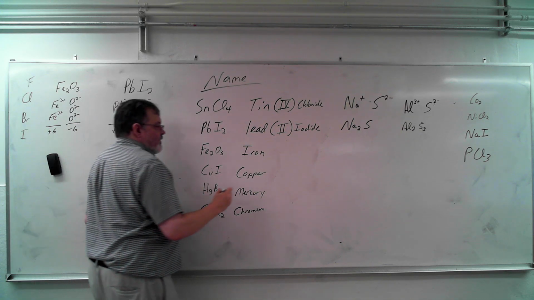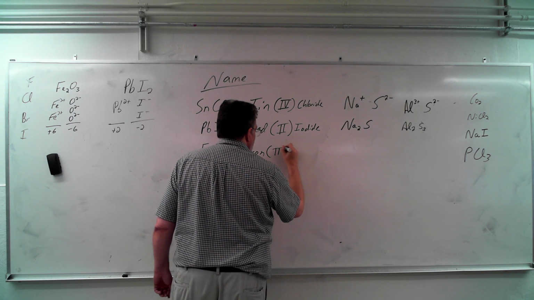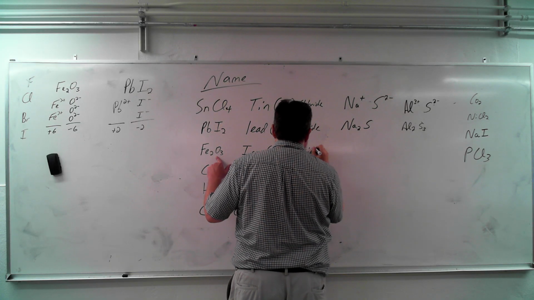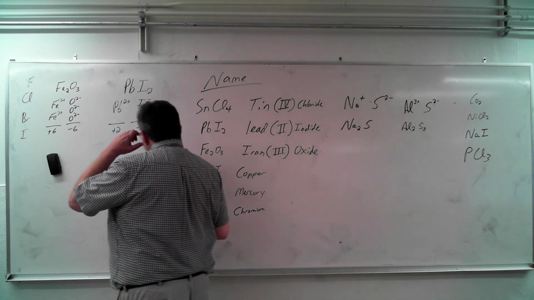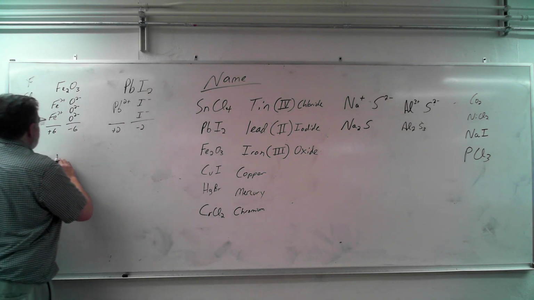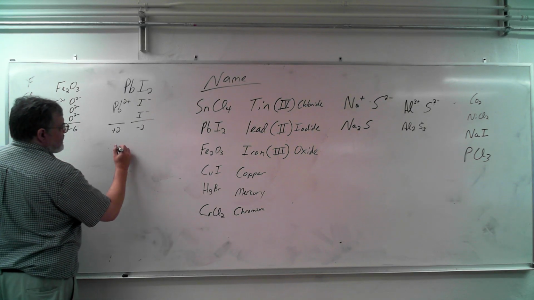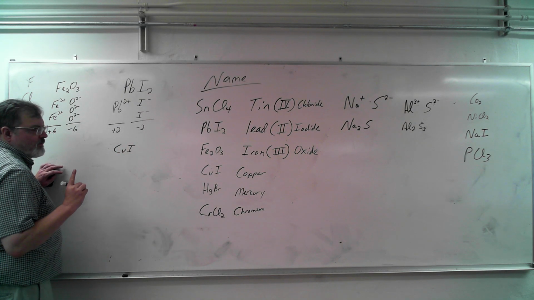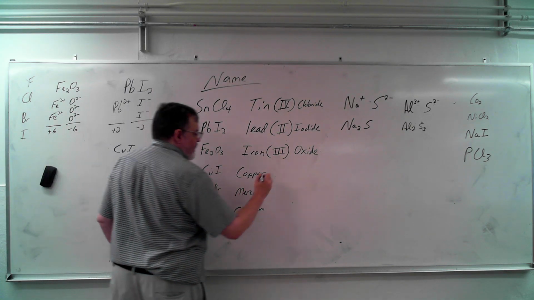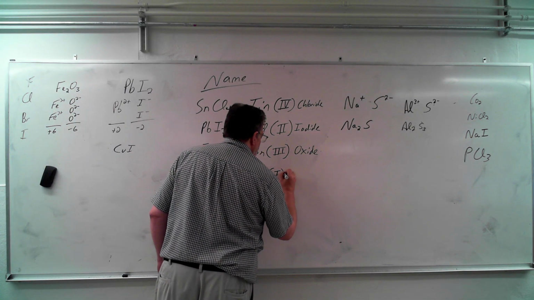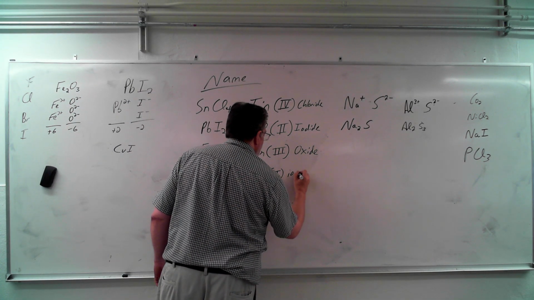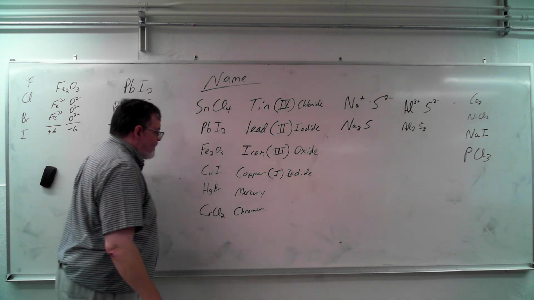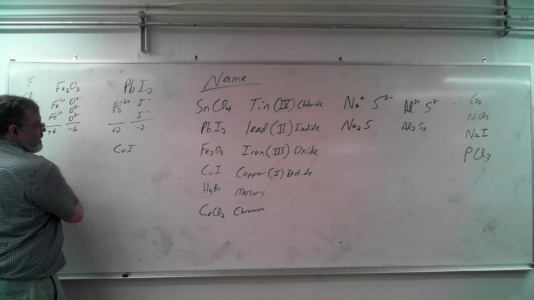So this is iron(III) oxide. What else we got? Cu. I is 1 negative. That means this has to be copper(I) iodide. Mercury.